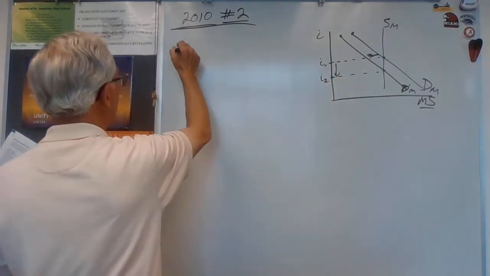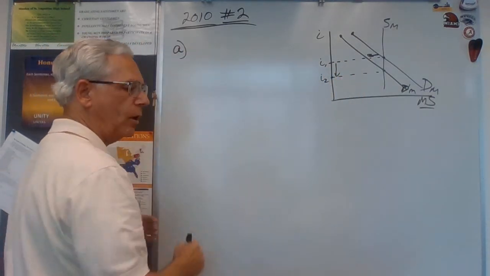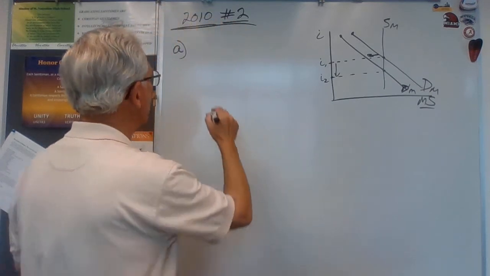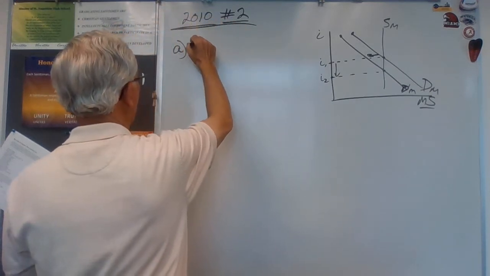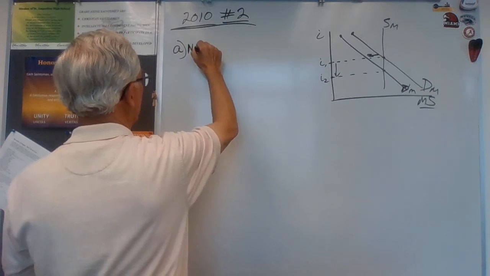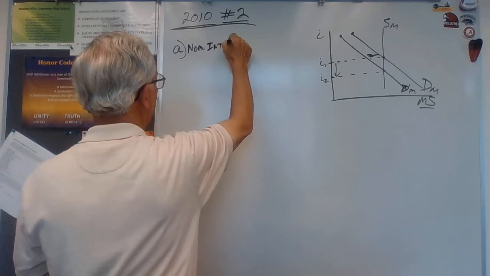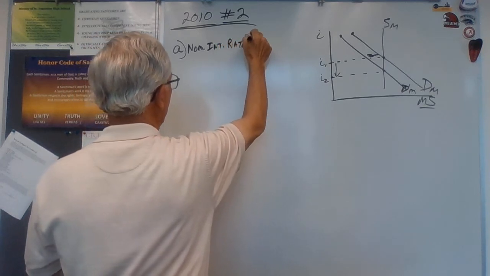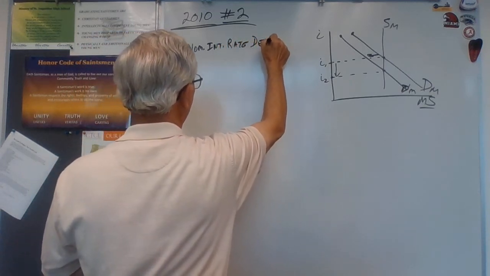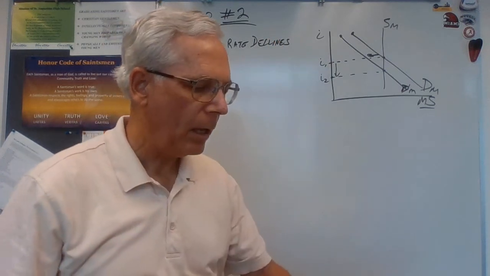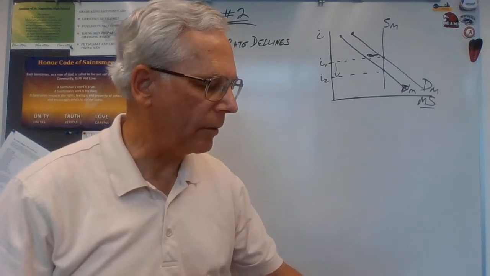And so your answer for part A is nominal interest rate would decline. I write out nominal interest rate declines, okay? They don't ask you why there.